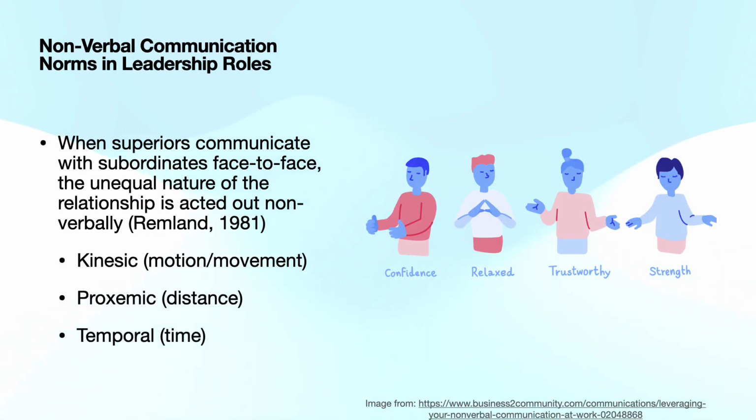The second concept we're going to be talking about is nonverbal communication, which is from chapter 11 of our book. According to Remland, when superiors communicate with their subordinates face to face, the unequal nature of the relationship is acted out non-verbally.